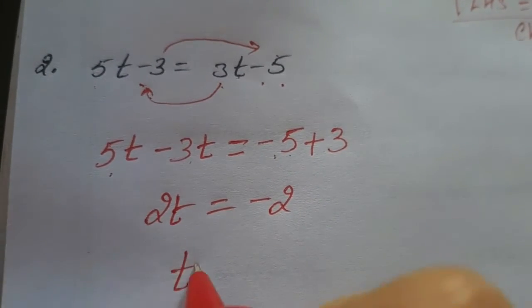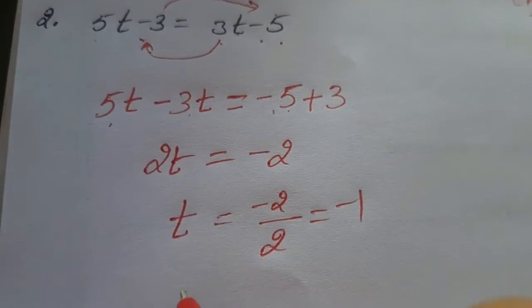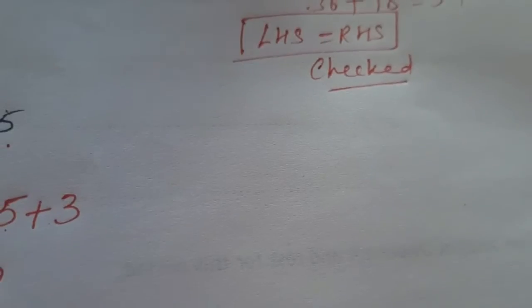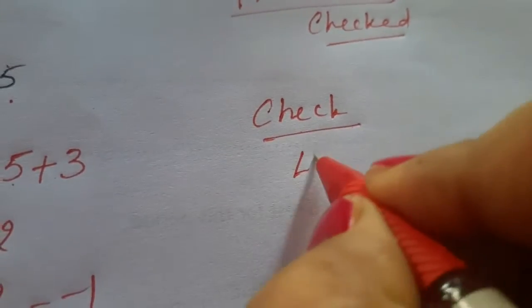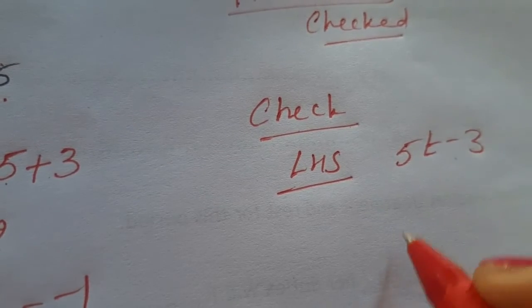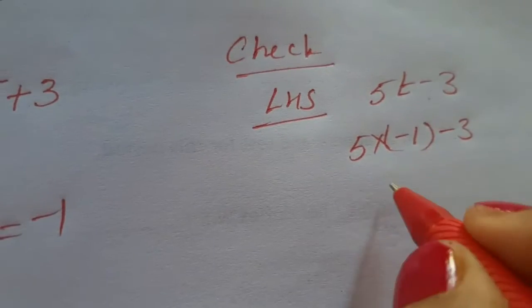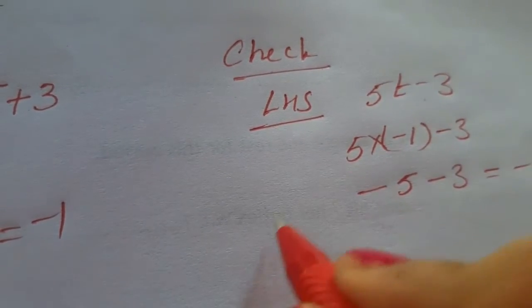Now we will cross multiply. t will be equal to -2 by 2, that is -1. So t is -1. Let us check the result again. For checking, we will put the values in the left hand side. 5t - 3, 5 into -1 - 3, that is -5 - 3, that is -8.